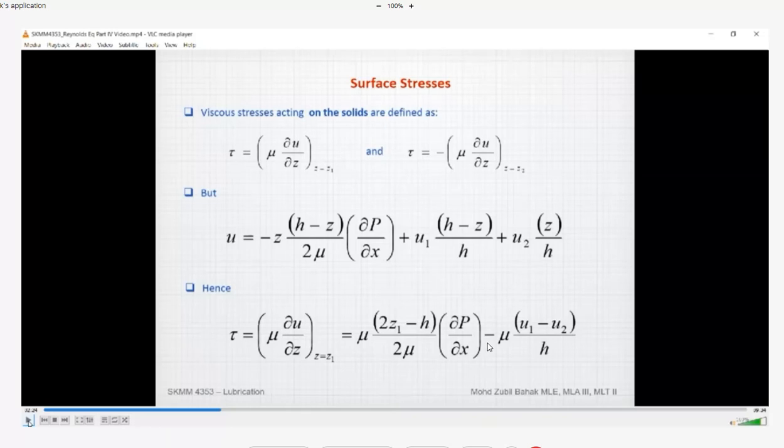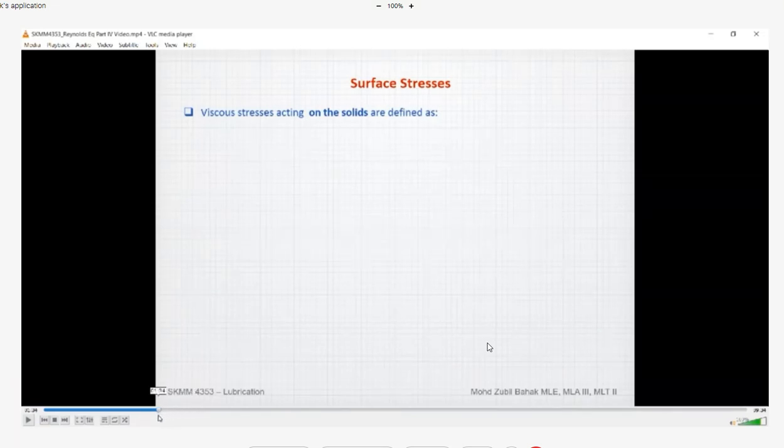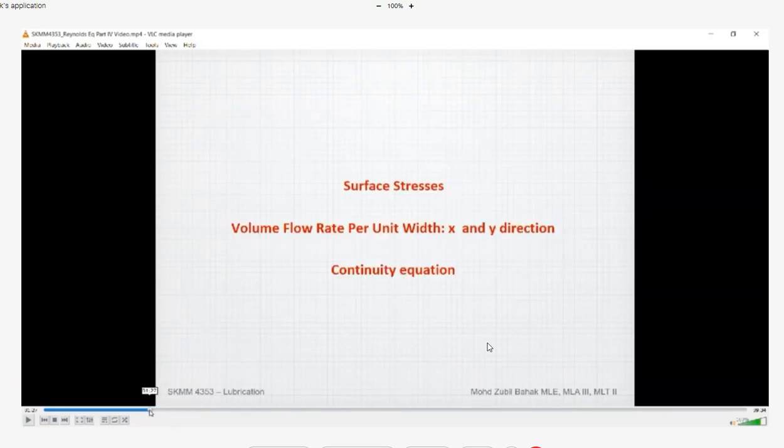At the same time, we also need to combine the concept of the continuity equation, as we mentioned in the previous slide, where we need to take into consideration three factors: the surface stresses, the volume flow rate per unit width, and also the continuity equation.